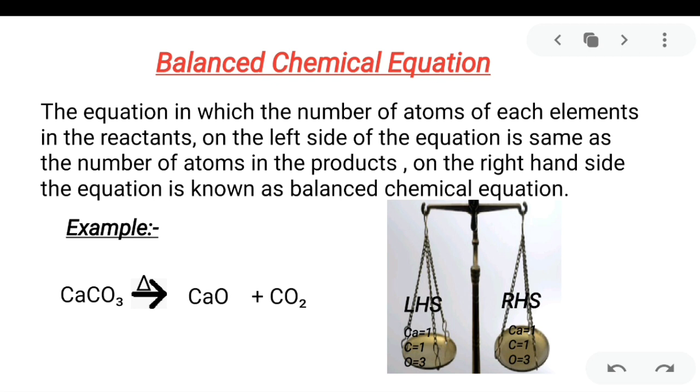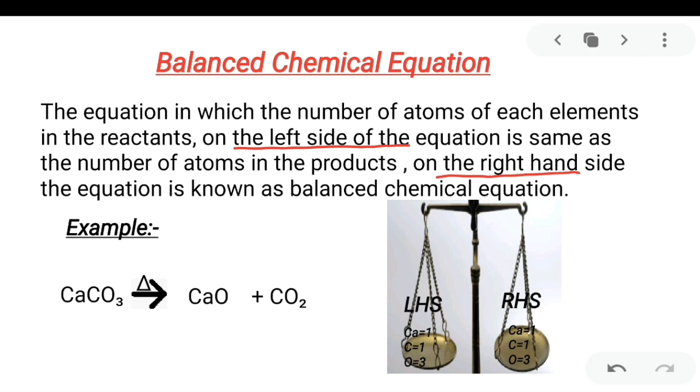When the number of atoms present on the left hand side of the equation is equal to the number of atoms present in the right hand side of the equation, it is known as a balanced chemical equation.